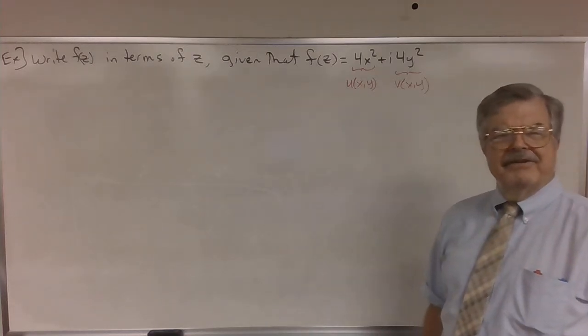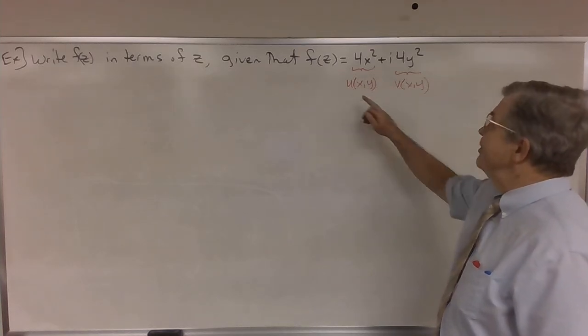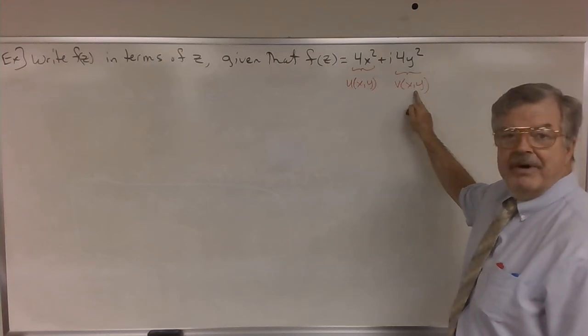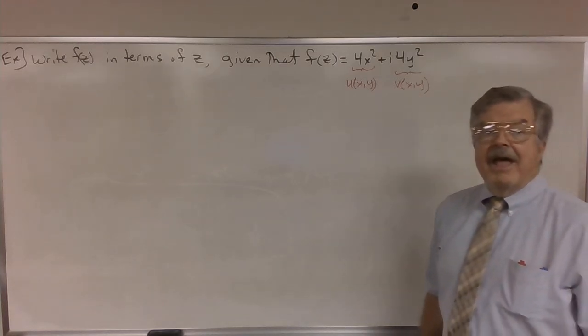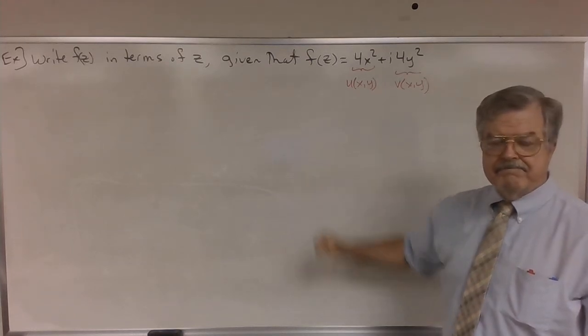Here's an interesting example. We're given f of z in the form of u of xy plus i times v of xy, and here they want us to write it in terms of z.